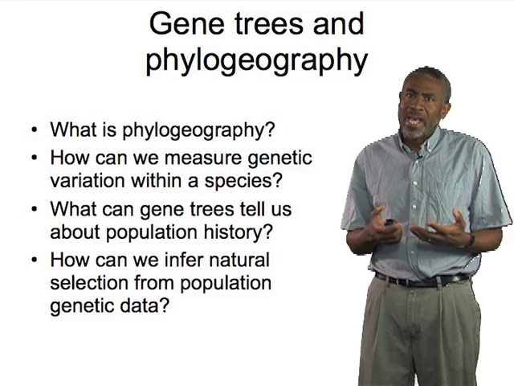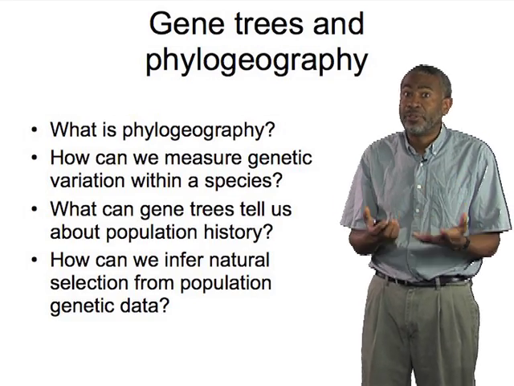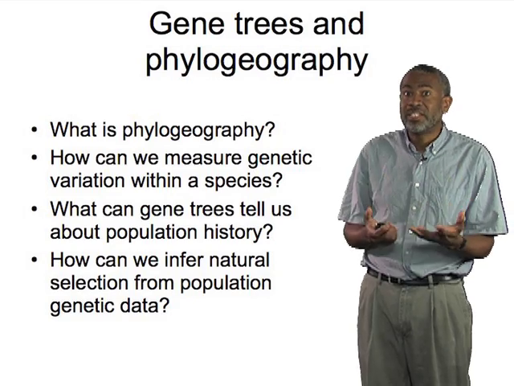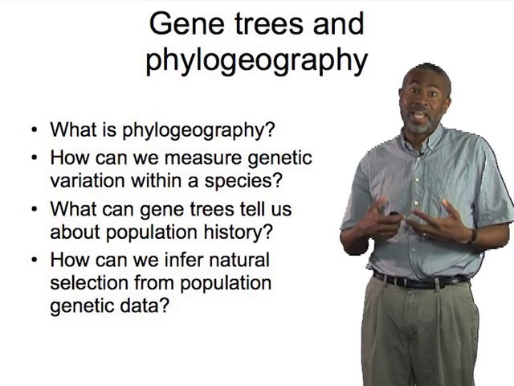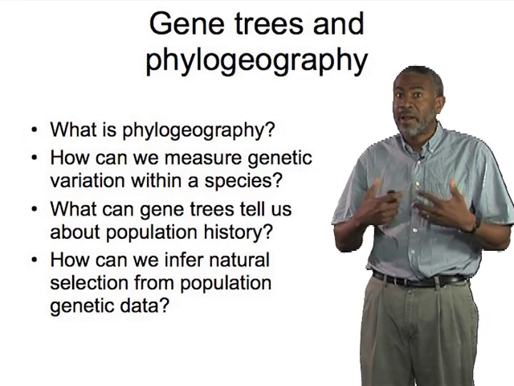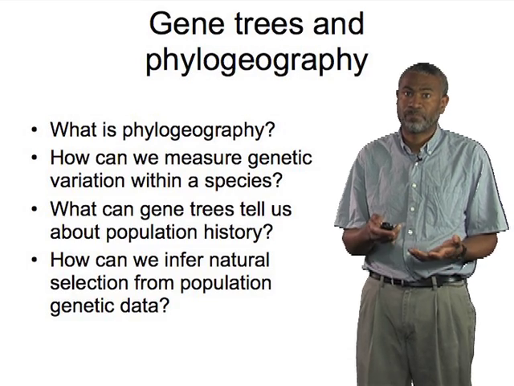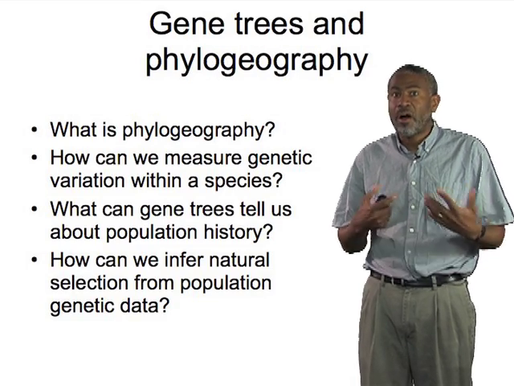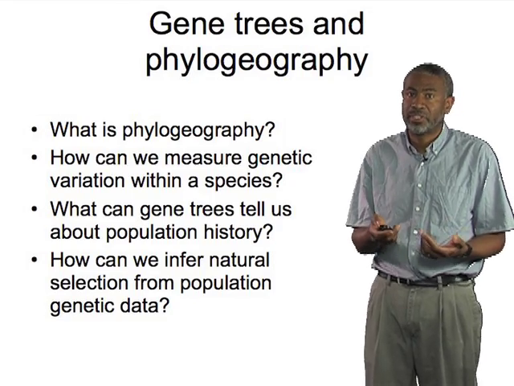As its name implies, phylogeography combines a little bit of phylogenetics, looking at the relationships of alleles and genes to each other, as well as geography. How do we lay those lineages on a map and infer something about the history of populations? So let's dive right in and talk about some of the history of phylogeography and why it's such a special field today.